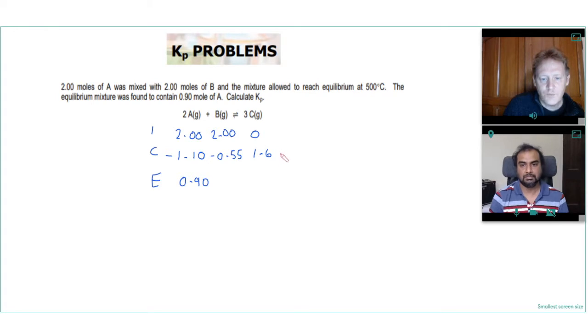And because that's a product, that's an increase of 1.65. So for C at equilibrium, we'll have 1.65 moles. And for B, to take 0.55 would have 1.45 moles of B.